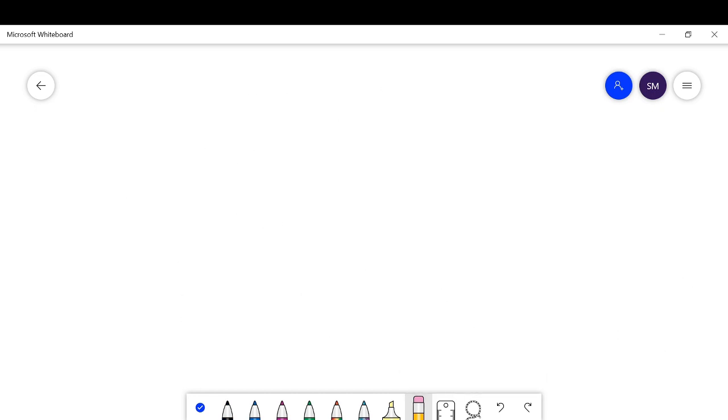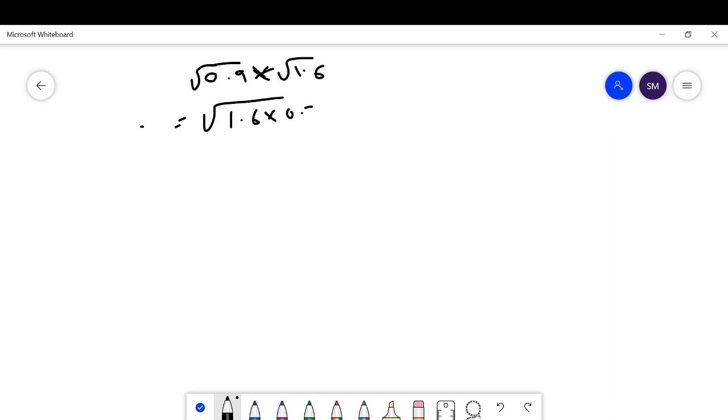Okay. Then take some more examples. Take some higher questions of Olympiad level. Suppose you have to find out the square root of 0.9 into square root of 1.6. This can be written like this: 1.6 into 0.9. What is this? If you multiply this, you get square root of 1.44.